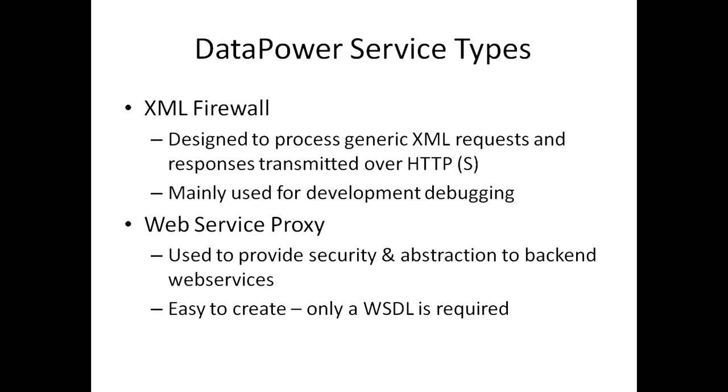So this is the description of the DataPower service types. First, the XML Firewall. The primary use of the XML Firewall is to process generic XML based requests, or it can process JSON or non-XML based requests. The XML Firewall supports HTTP and HTTPS protocols.